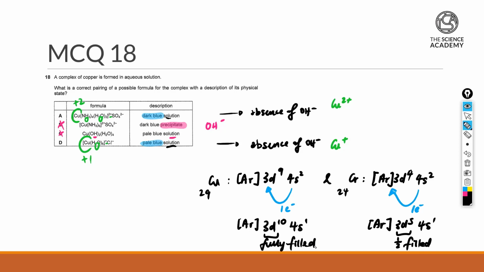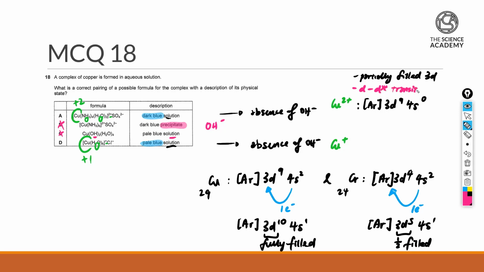So for copper 2+, I'll be losing 2 electrons from the furthest shell. I will have an argon, 3d9, 4s0. And I have a partially filled 3d subshell. And with this partially filled 3d subshell, I'm capable of going through ground state d to excited state d transition.